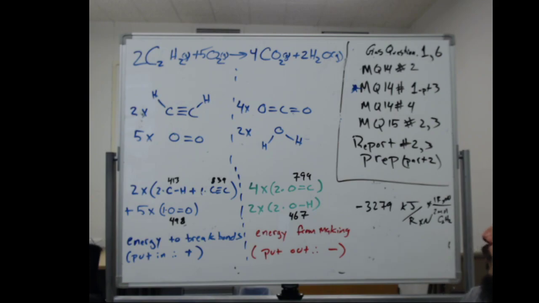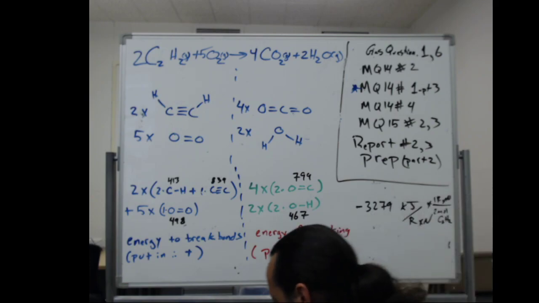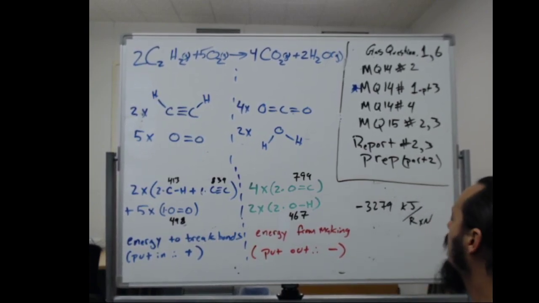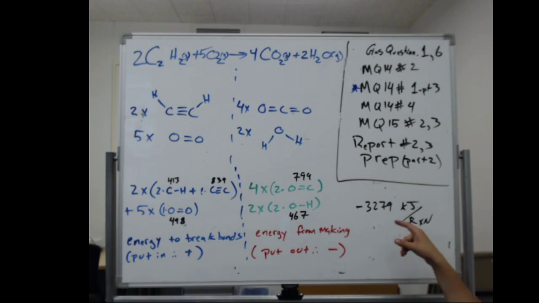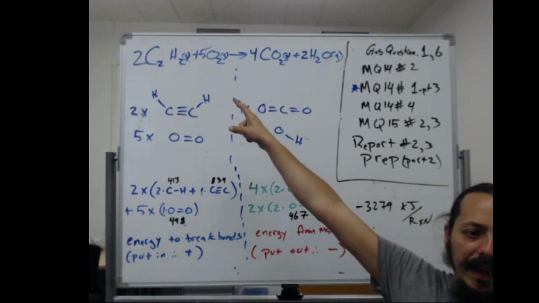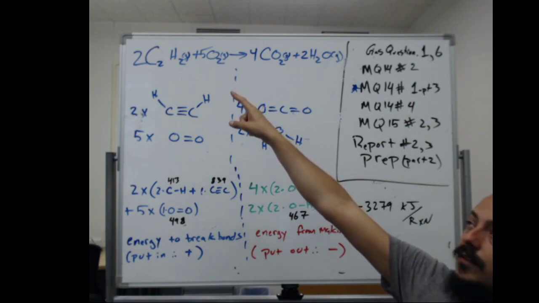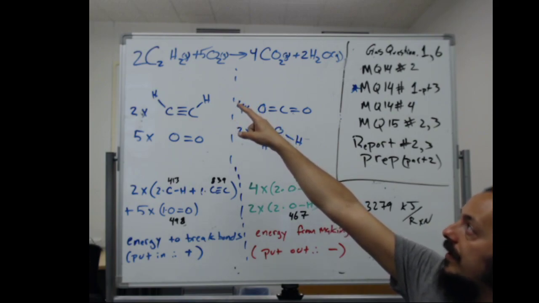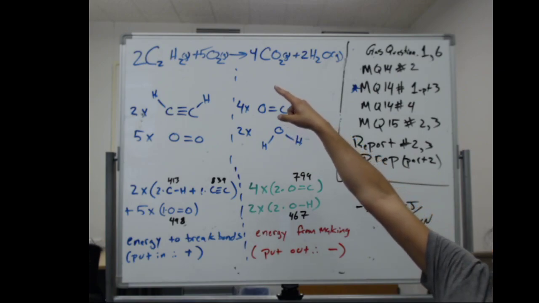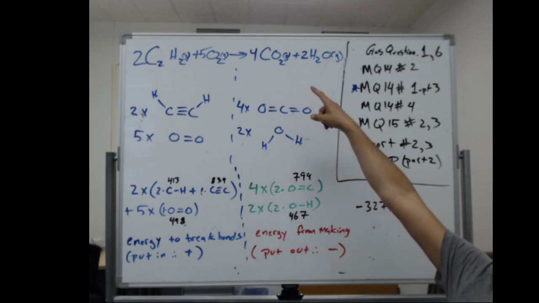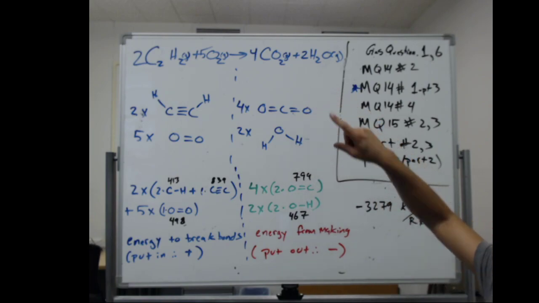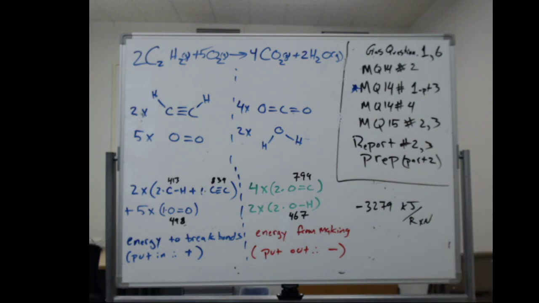So we can take this number that's per reaction, and we can now say that this is the amount of energy released for 2 moles of ethine combusted, or for 5 moles of O2 combusted, or for 4 moles of CO2 produced, or for 2 moles of H2O produced.